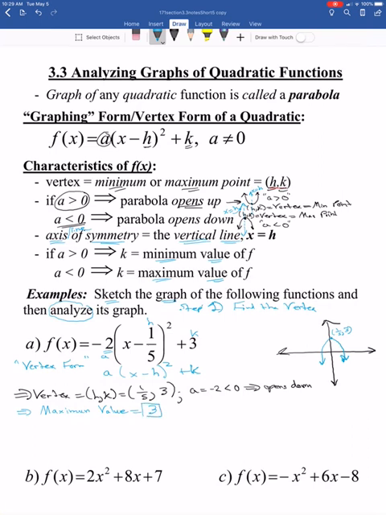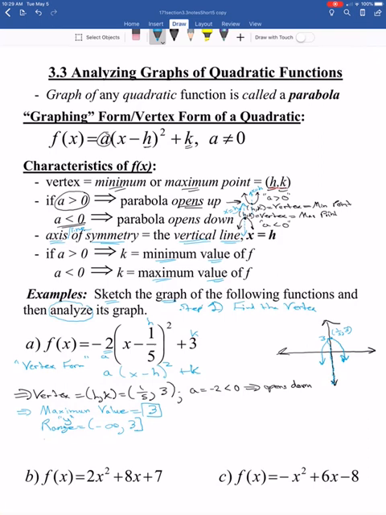There's the largest output we come up with. That also leads to the range of this graph. Remember, the range is a list of all your y values. Where does this graph take place on the y-axis? All the way from negative infinity to 3, with a bracket on 3. So there's the range of our graph.